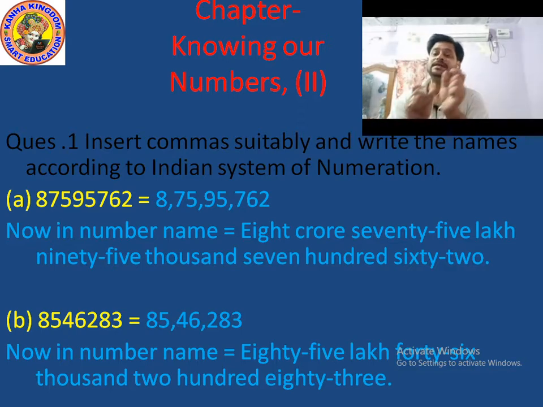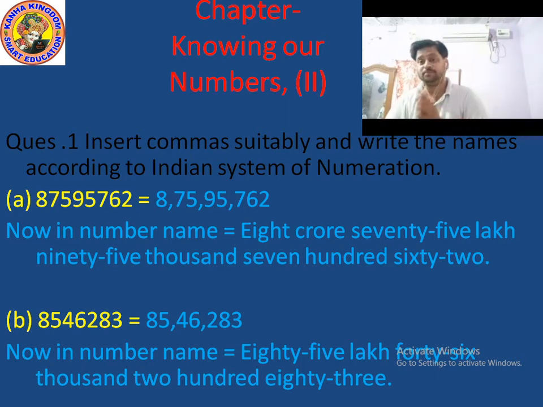So how can we read 762? 762. So how can we read this number exactly? We can read it like this: 8 crores 75 lakhs 95,762. This is the correct answer for this part.